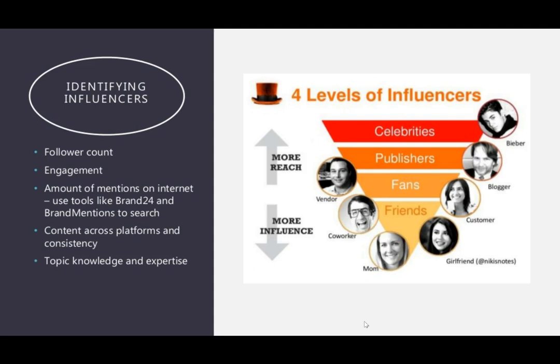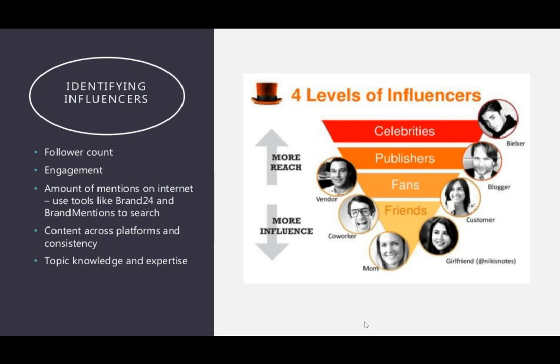Your celebrities fall a little bit in their own category because they're already influential, and they also work with brands on a different level. So just be aware that they do fall a little bit in their own category, although they're all still influencers.